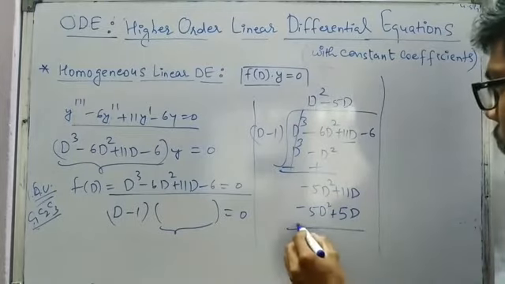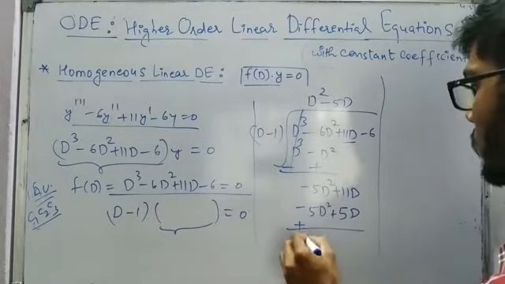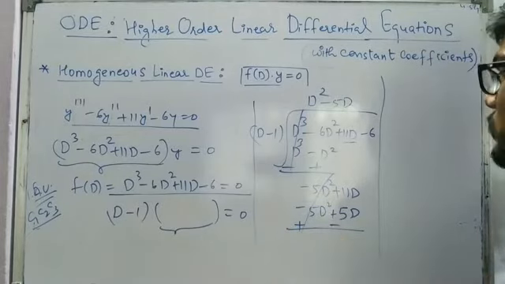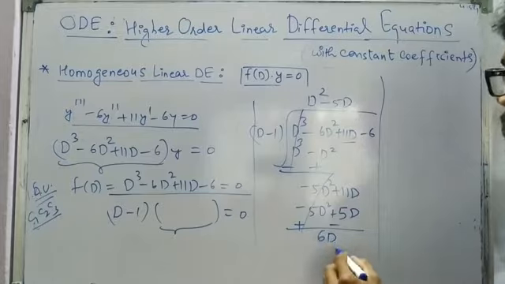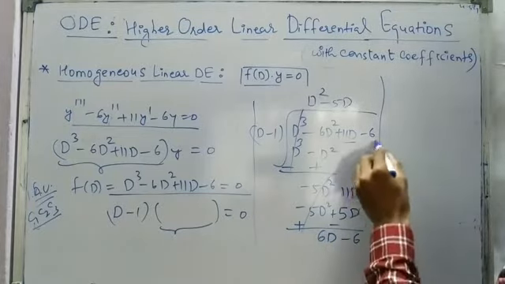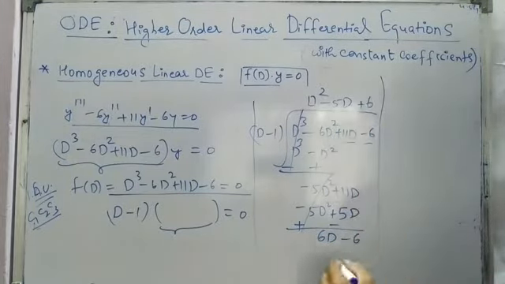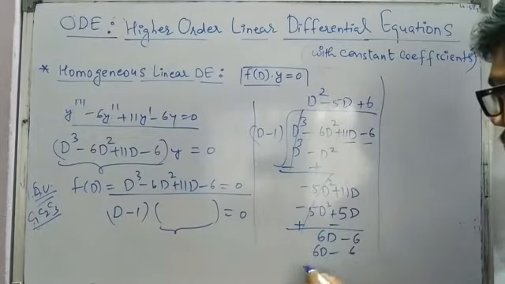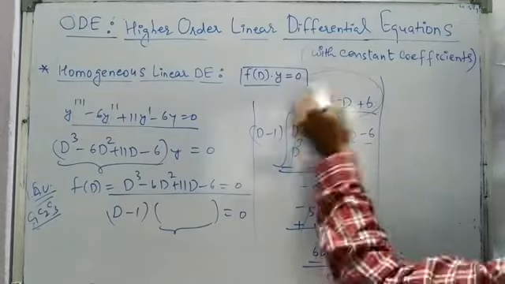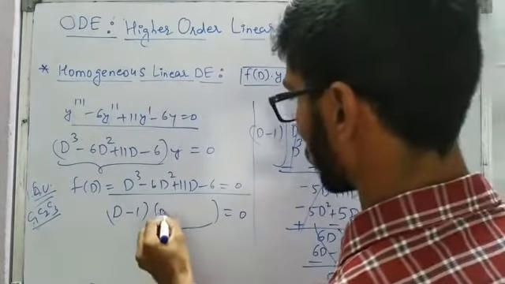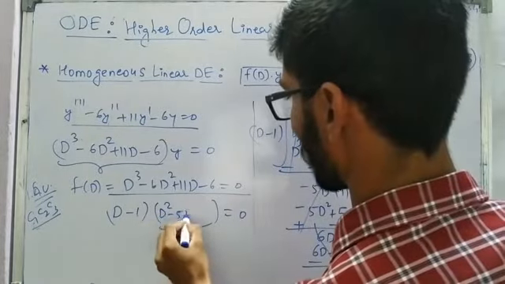Again if you subtract it, the signs are going to be changed. So minus 5D square plus 5D square cancel, 11D minus 5D is nothing but 6D, and minus 6 we have to take from here, and plus 6 if we do, this is going to be 6D minus 6. So minus plus, the remainder will be 0. So this is going to be the quadratic equation at this particular place: D square minus 5D plus 6.